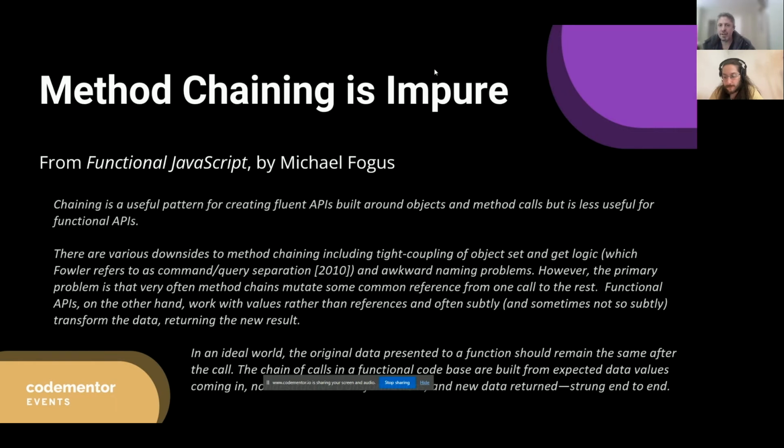Method chaining is impure. In other words, it's impure from a functional programming standpoint. I have some quotes taken out of a really good book called Functional JavaScript by Michael Fogus.